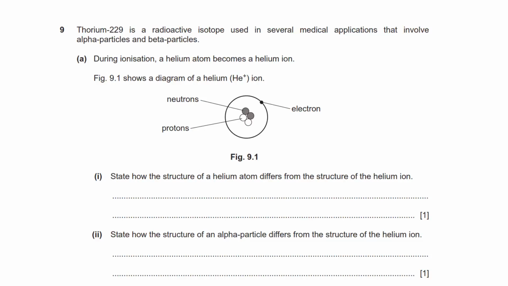Figure 9.1 shows a diagram of a helium positive ion. In part 1, it says state how the structure of a helium atom differs from the structure of the helium ion. So remember, a helium atom has 2 electrons, whereas the ion has 1.